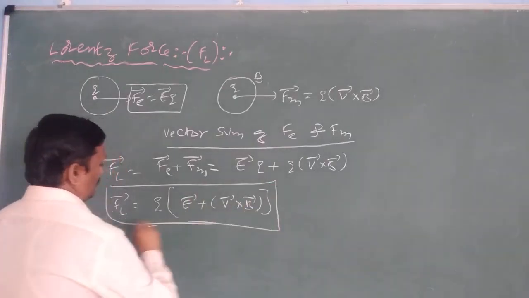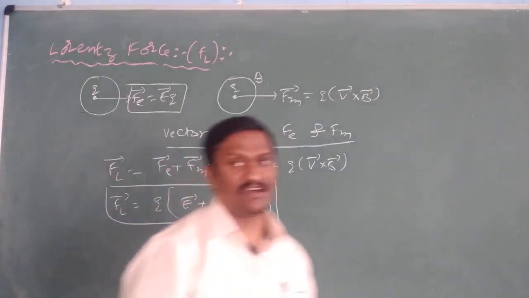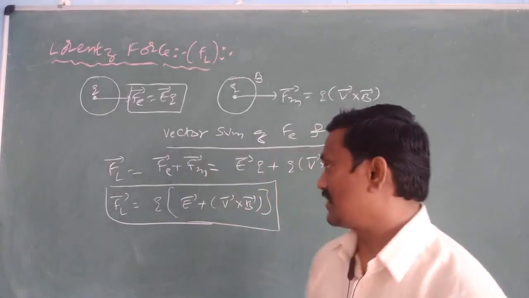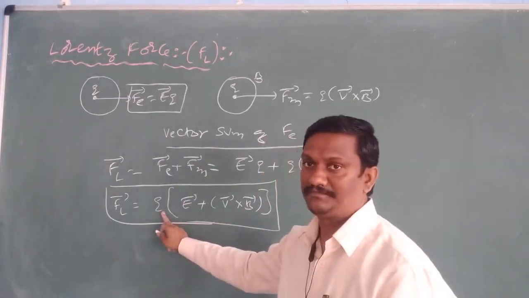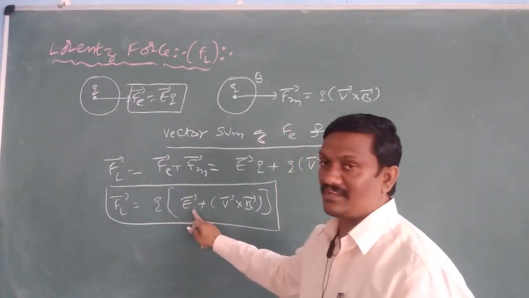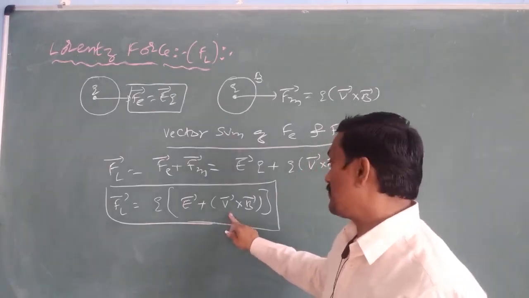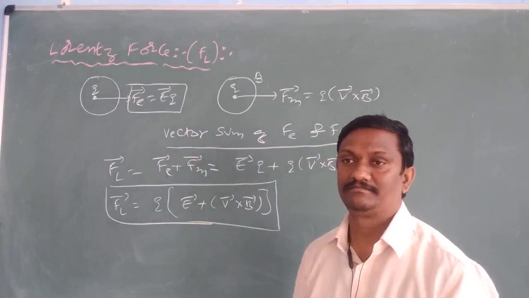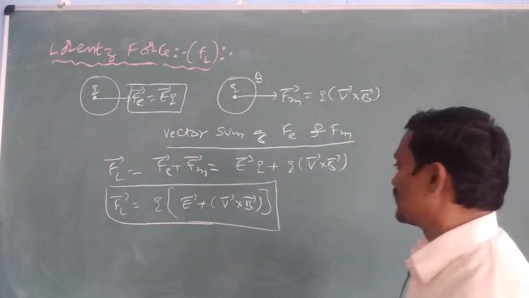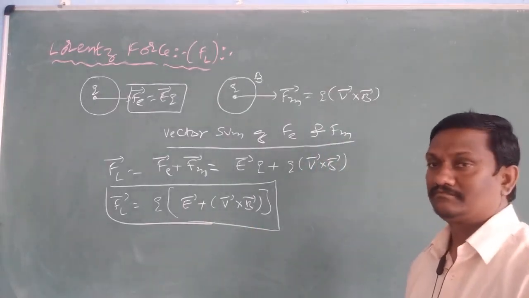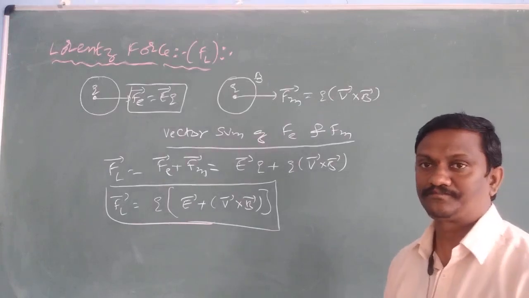So it is the expression for the vector form of the Lorentz force. Here Q means magnitude of the charge, E means strength of the electric field, v means velocity or speed, B means strength of the magnetic field. So by knowing all the values you can calculate the Lorentz force.